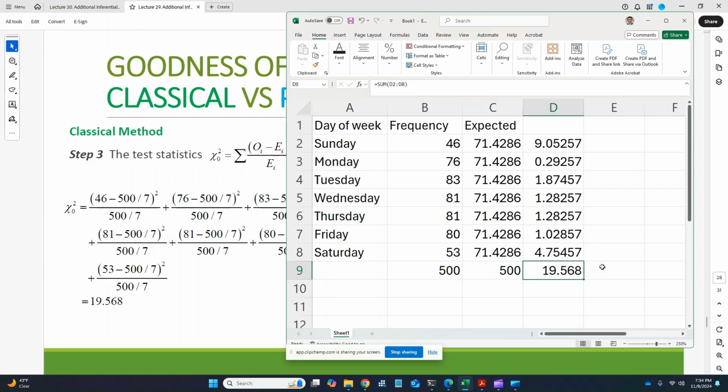So now we have the calculated chi-square, and we want to check if it's beyond the critical chi-square. If it's bigger than the critical chi-square, then we reject the null hypothesis that there is no difference between observed and expected values. But if it's smaller than the critical chi-square, then we fail to reject the null.